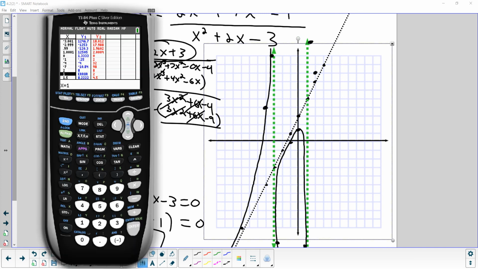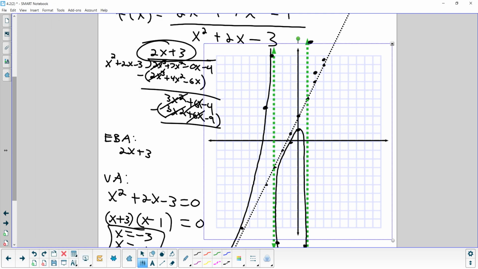And if you check 3, I think we're going to be off the graph. No, we're still on 9.4. So 1, 2, 3, 9.4, right about there. Okay, so it's going to come down, and then it's going to have to curve at some point, and then it's going to get closer and closer to that dotted line, just like that.